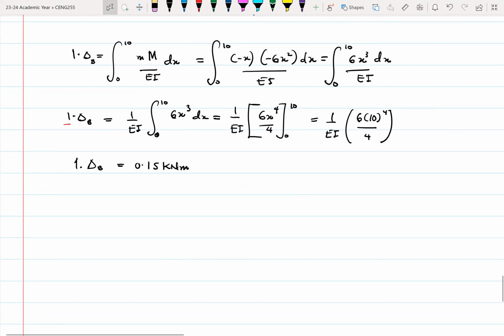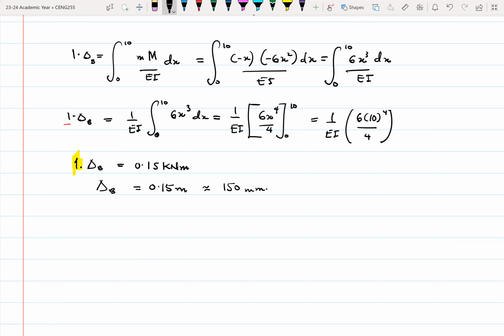So this one goes to divide because 1 is in kilonewtons, right? So this one here is in kilonewtons. So it goes to divide, and that will give me delta B being equal to 0.15 meters, which is the same as 150 millimeters.